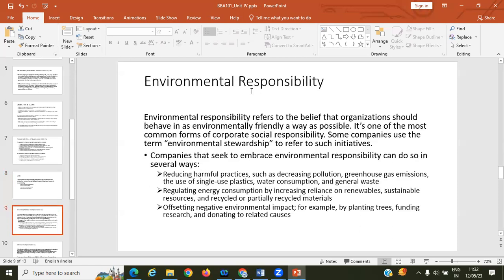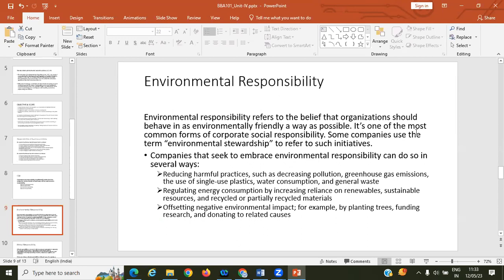Environmental responsibility. Environmental responsibility refers to the belief that organizations should behave in as environmentally friendly a way as possible. That means in your organization, the environment surrounding you is good.